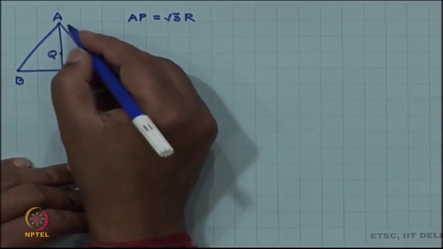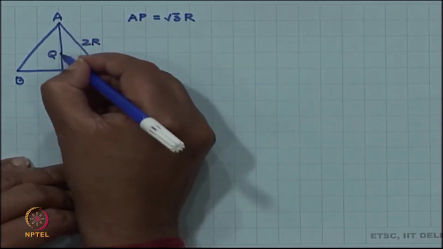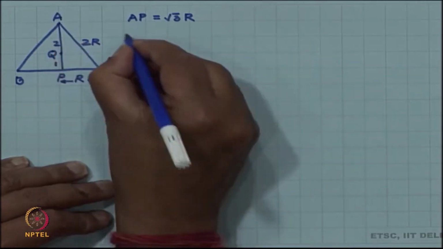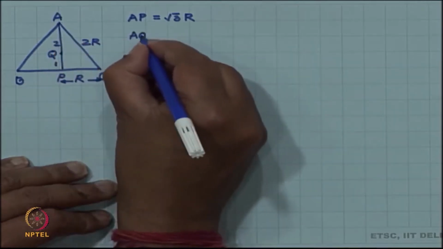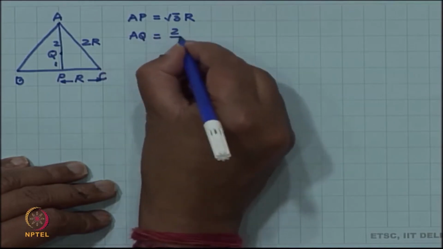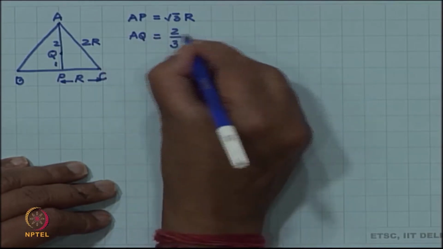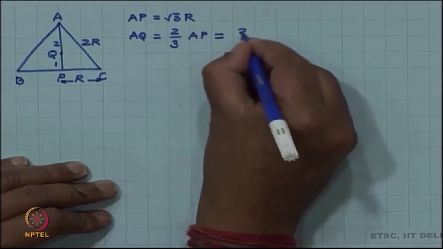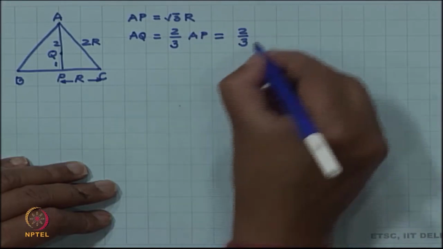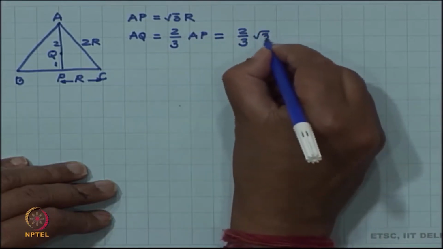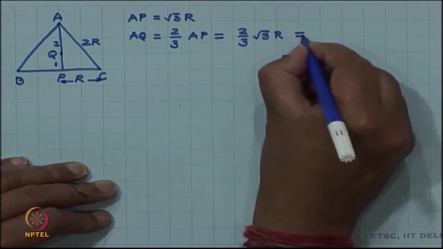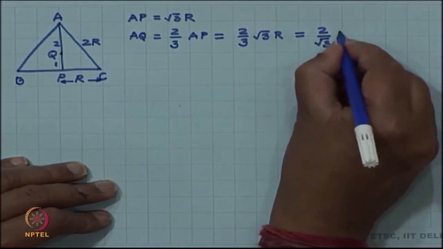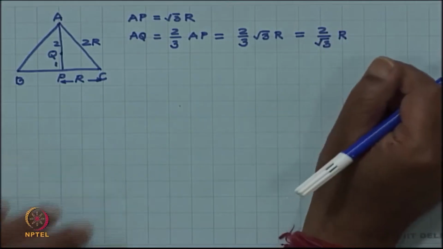Now, since AP is divided by the centroid Q in a ratio 2:1, we have AQ as 2/3 of AP, which means 2/3 of root 3 r, which gives us 2 by root 3 r.